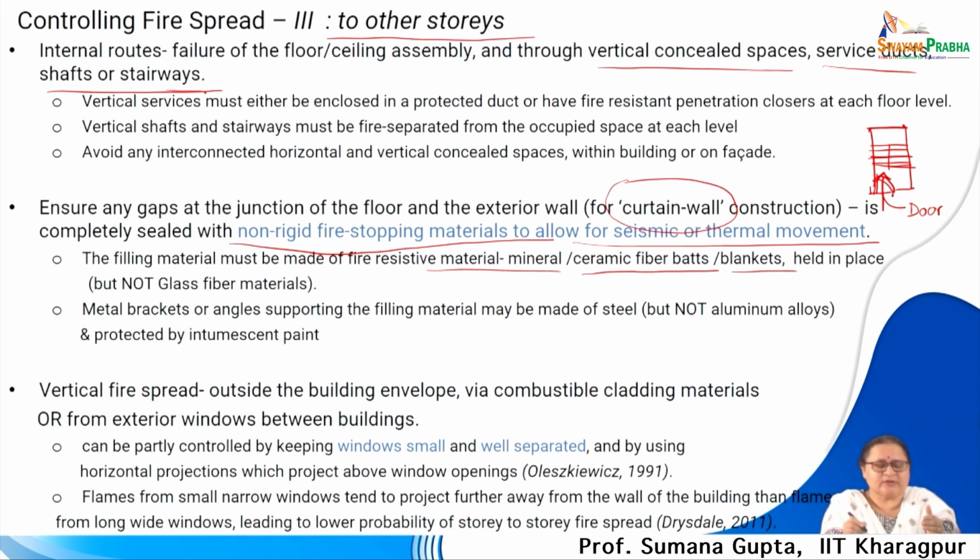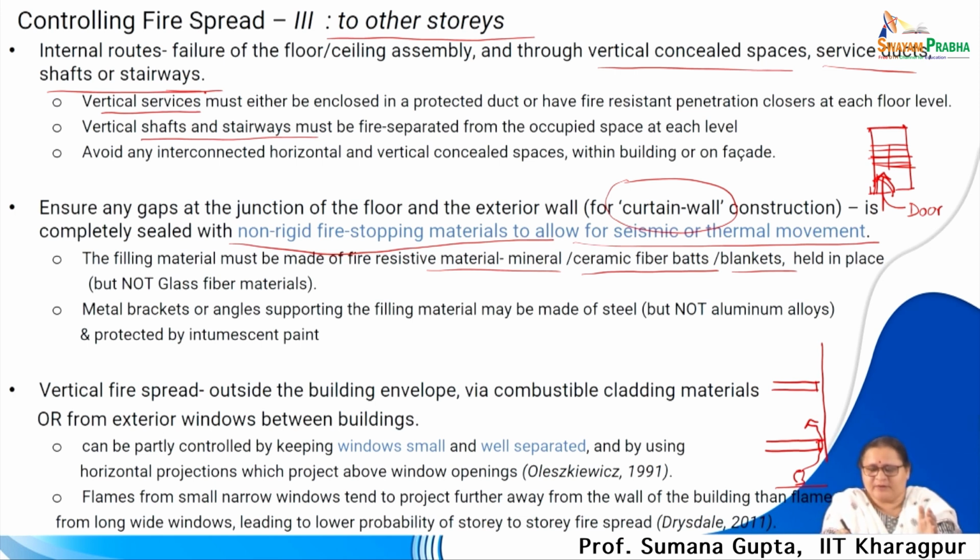We have talked about the general things, which are the vertical services, vertical shafts and staircases, but there are also gaps between the curtain wall and the slab. So, if that is the curtain wall and this is the slab of one floor and this is the slab of another floor, and if there is a fire somewhere here, the fire can propagate up.